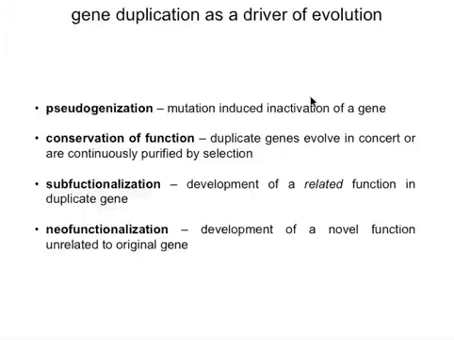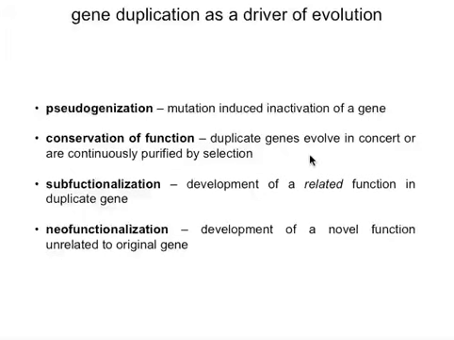The easiest way to envision that is by a mutation-induced inactivation of a gene. That mutation doesn't have to change the coding sequence of the protein at all, right? It can merely change the regulatory regions of the protein, for example, and suddenly the protein never is usable anymore because it can't be up or down regulated. But certainly there are other ways to create pseudogenes as well.